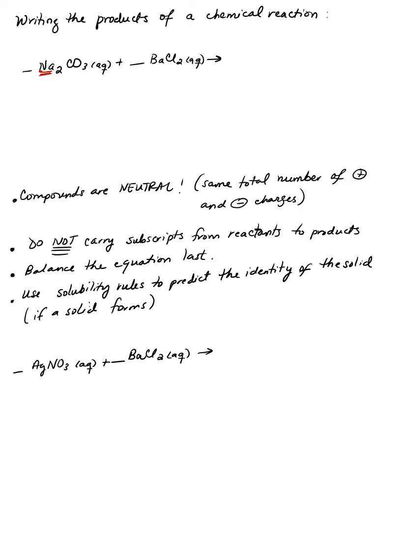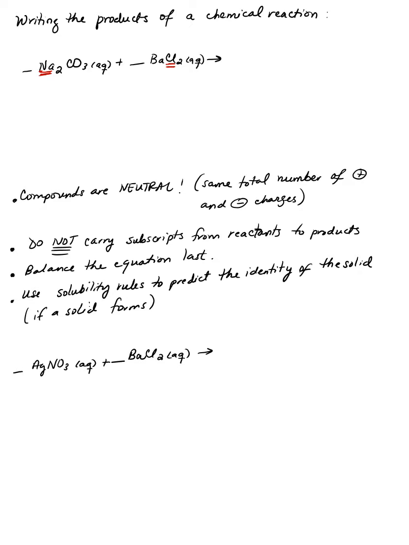The 2 is a subscript, just the ion. And on my other compound, the positive ion is barium, the negative ion is Cl. So I'm going to underline my Cl. The positive in my first compound is sodium, the negative in the second one is the Cl.